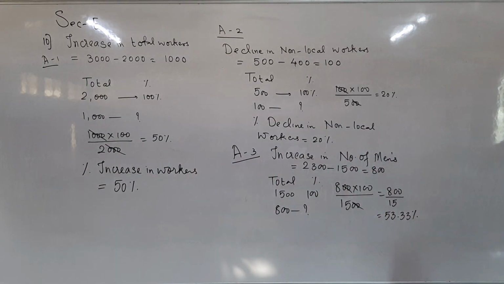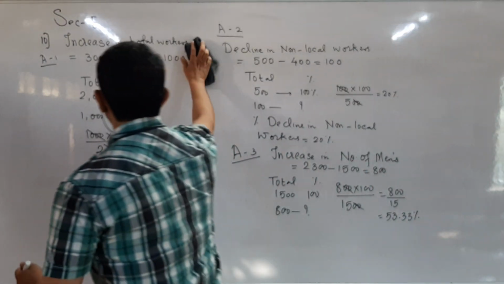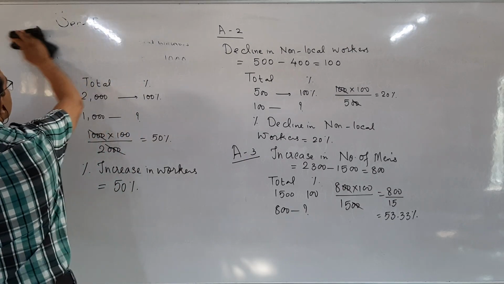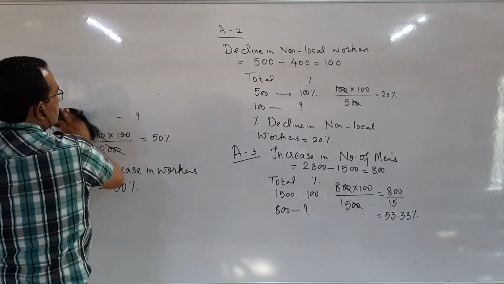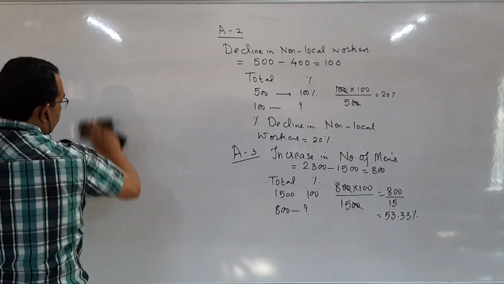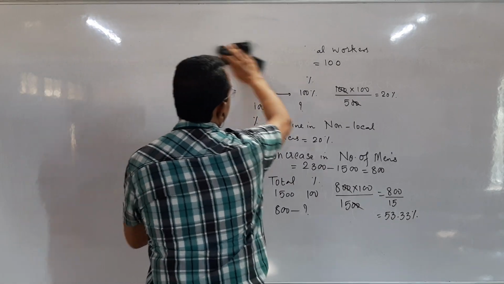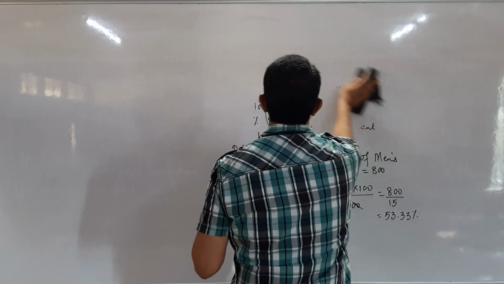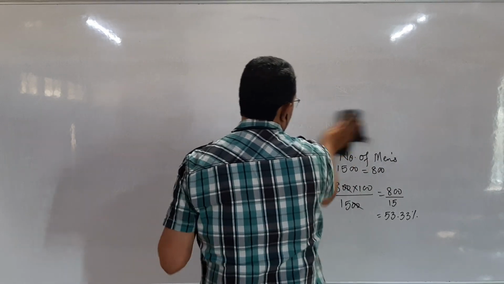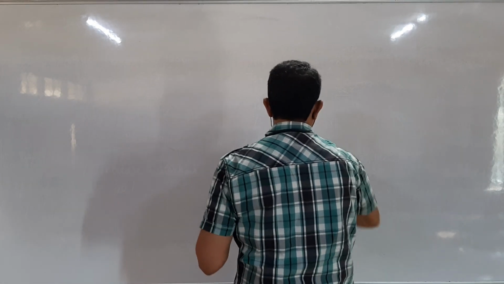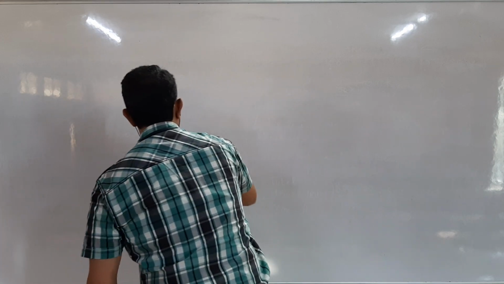Number of women in 2010 were 500, number of women in 2015 were 700, increase in number of women is 200. So 500 is 100%, so 200 will be 40%. Here, the original number of workers in 2010 will always be considered as 100%.